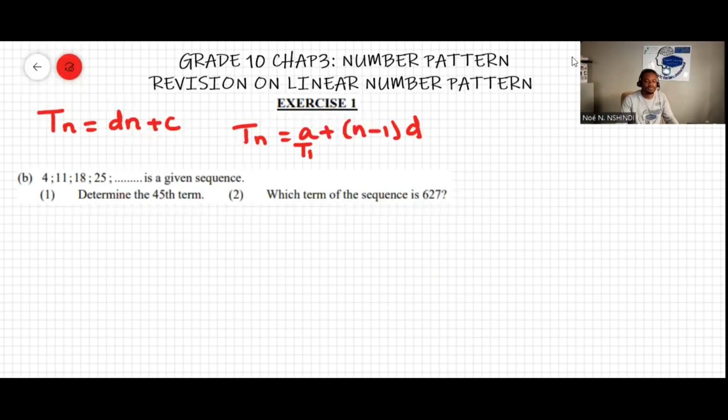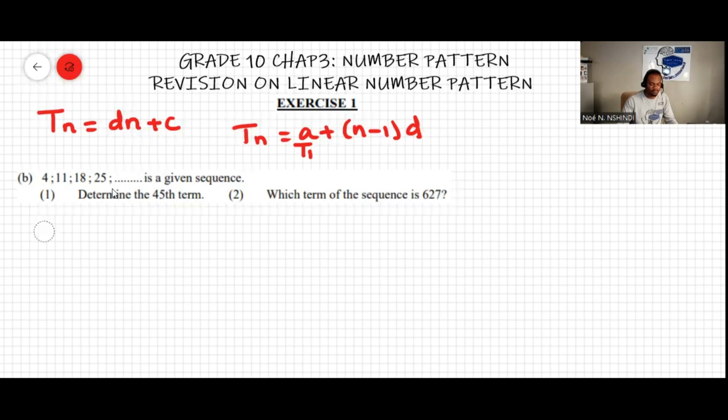Well, we have question B here. It says 4, 11, 18, 25, etc. is given. Now, question 6, determine the 45th term. Which term of the sequence is 627? Now, if you look at the terms here, we notice that it has a constant difference of 7, because every time we add 7 to the previous term.